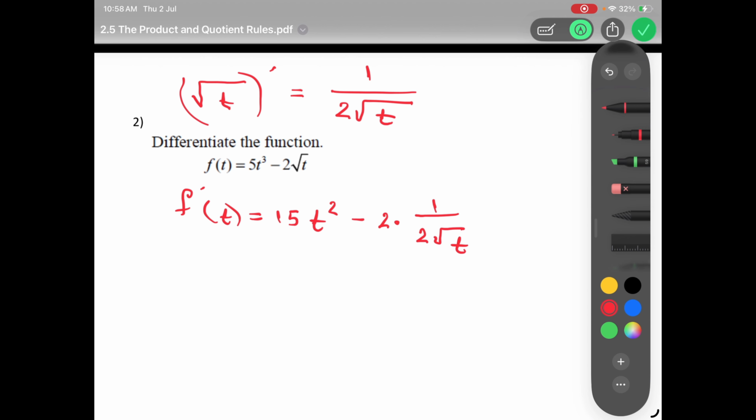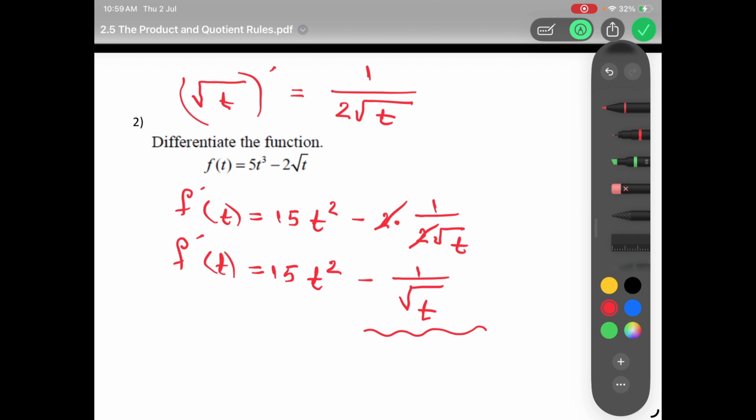And here, guys, we can eliminate this 2 with this 2. So simply f prime of t will be 15t squared minus 1 over radical t.